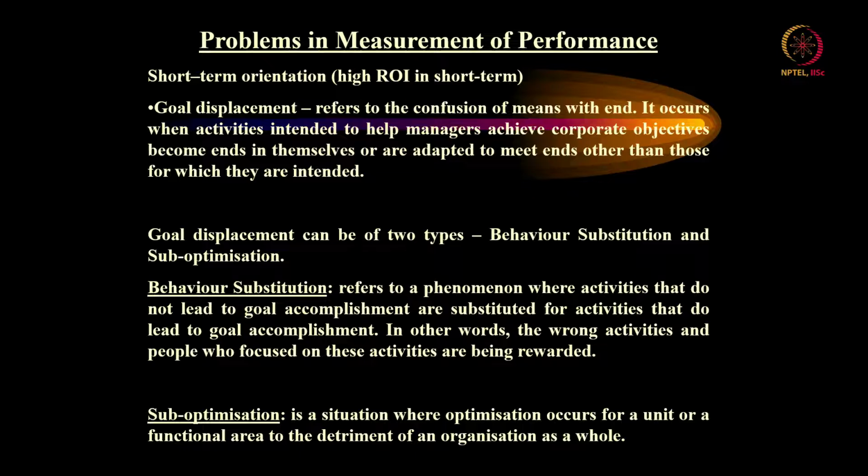So, what is the problem? You have to go to the root of the problem. Where is the problem coming from? Many times you find that the problem is in the measurement of performance, resulting in suboptimization.